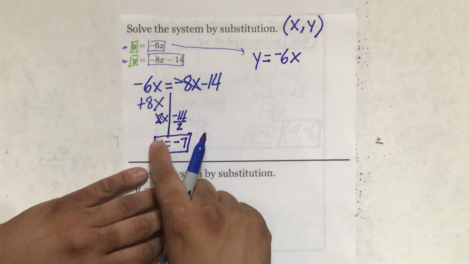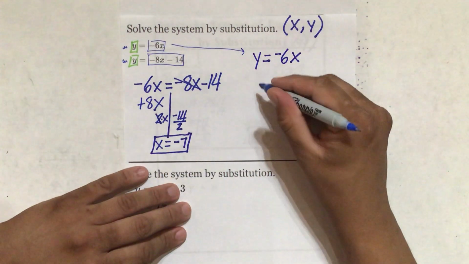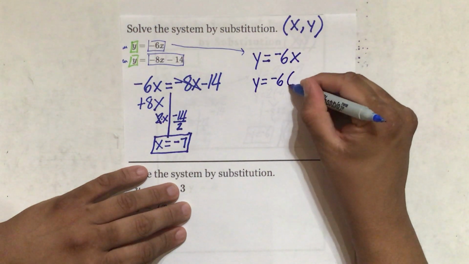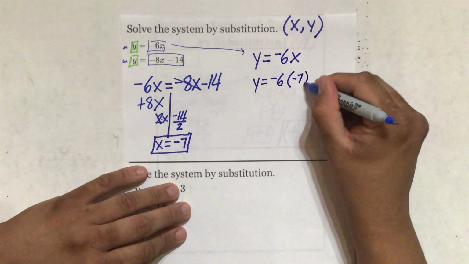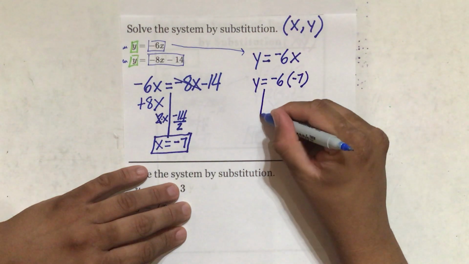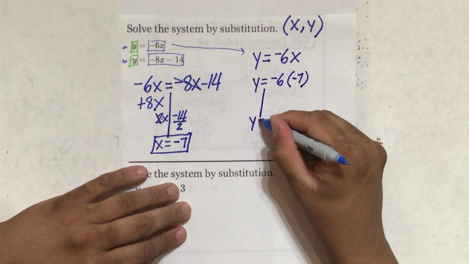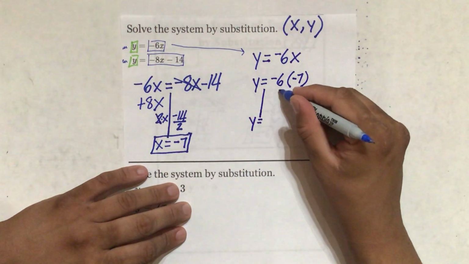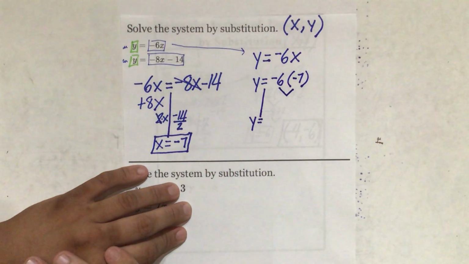Then I'm going to plug in what I already know, which is x equals negative 7. So y is equal to negative 6, parentheses, negative 7. I bring my line of separation, and I don't have to bring it all the way down because y is already by itself. I'm going to multiply those two.